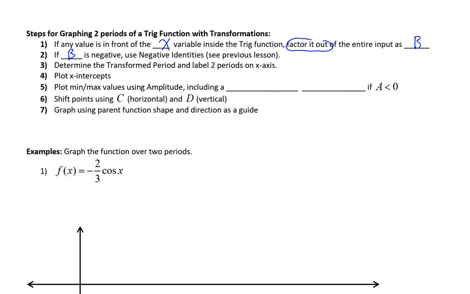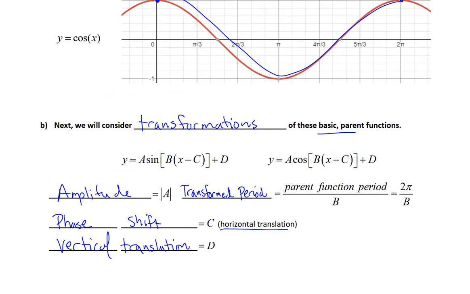And then thirdly, determine the transformed period and label two periods on the x-axis. Well, that's what we described here briefly above. This transformed period, this is the 2 pi over b. It's like a little formula for it. Of course, 2 pi is relevant for sine and cosine. With other functions, as you'll see, that will be different.